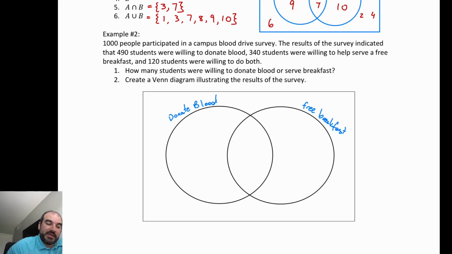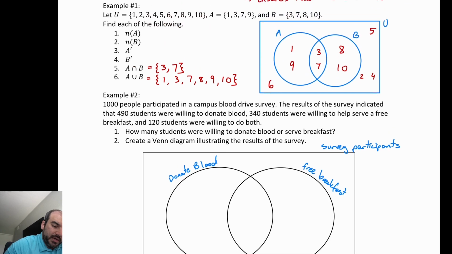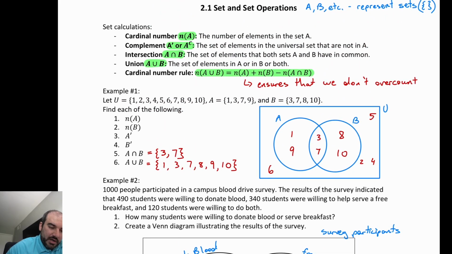And then the universal set, the big box around the whole thing, would be the survey participants. It would be the whole big square set. Okay, and then you're going to do some number manipulation in this problem. I'm going to leave you guys to actually work your way through that one. But are there any other questions on anything so far?